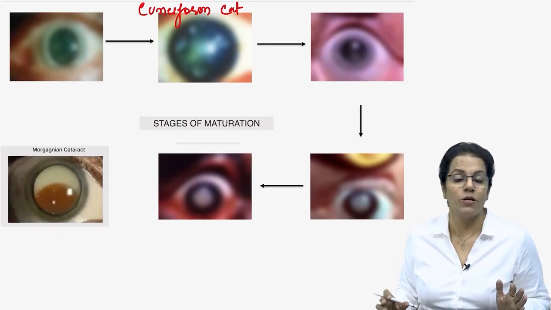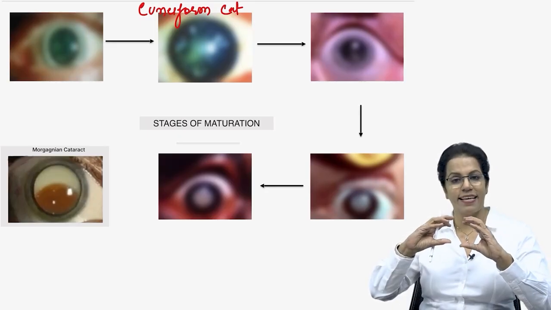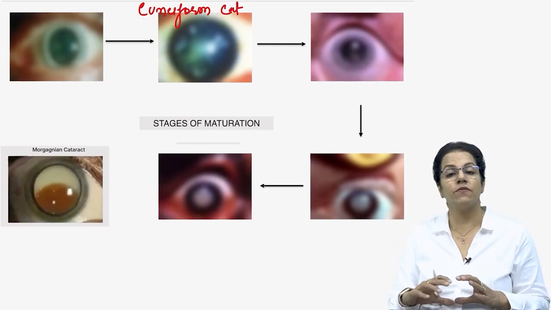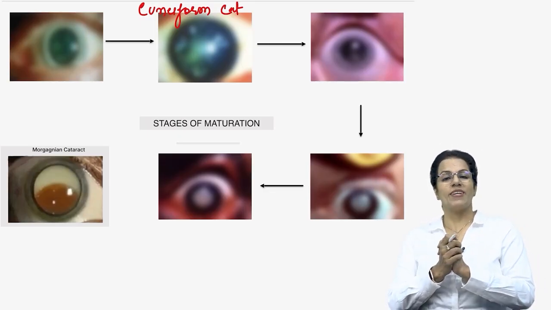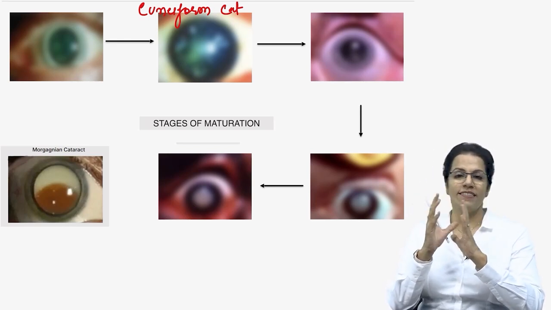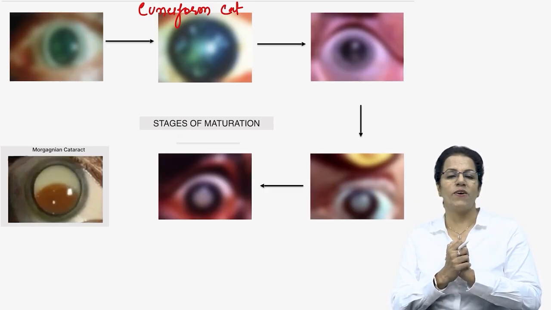Got it? Clear? So, in this hypermature Morganian, if you will see, the lens nucleus has sunk down, right? And there is liquefied cortex. You must have learned this in your MBBS and remembered it like this, that when you ask the patient to move his head on one side or the other, the nucleus is dancing in the liquefied cortex. So, these are the stages of cortical.